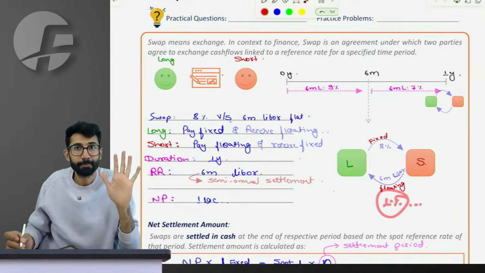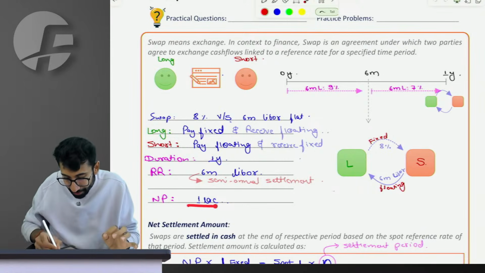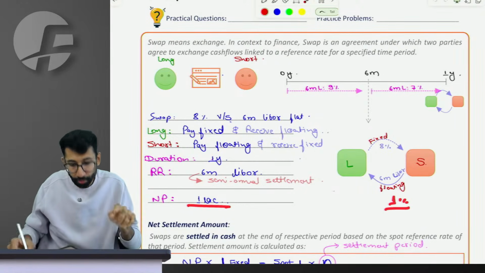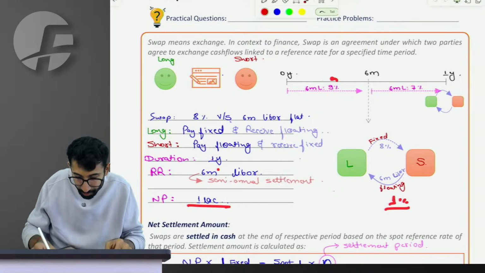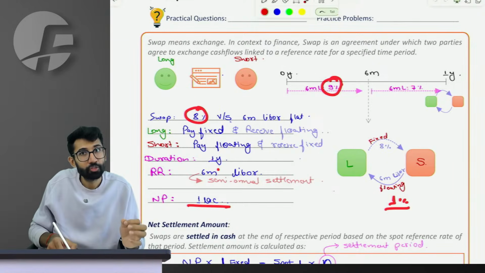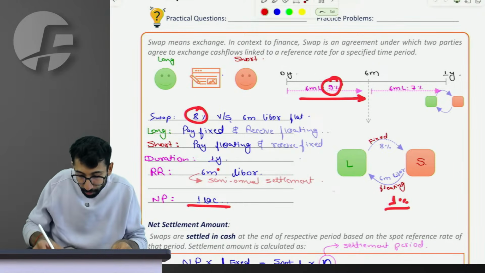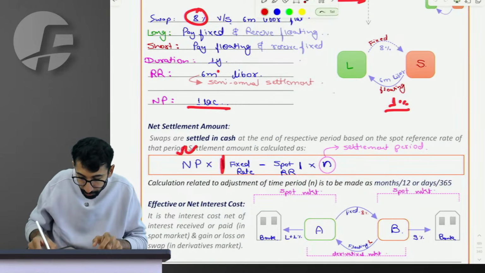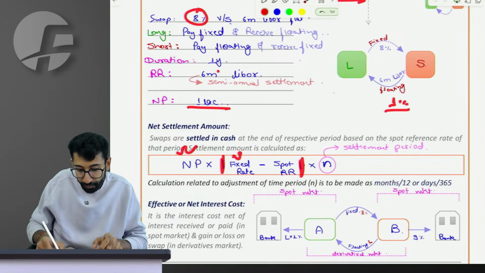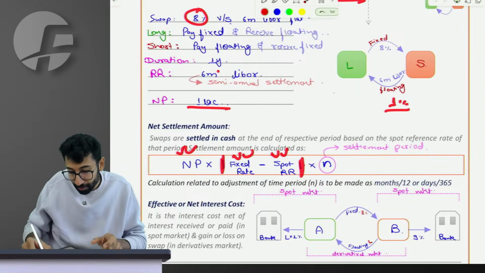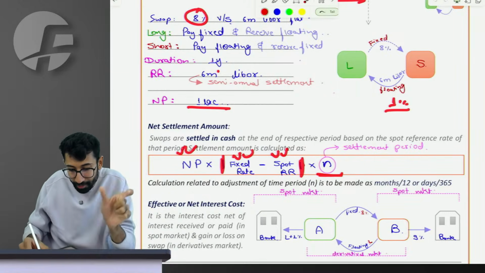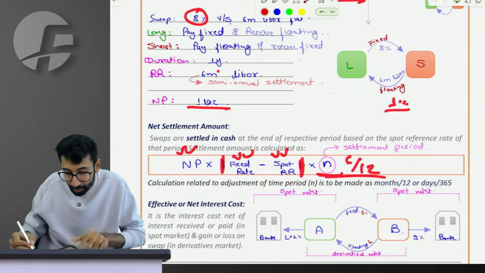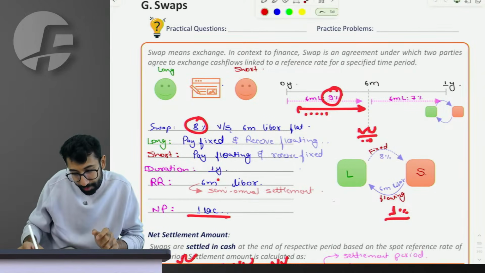Net, you will pay me 1%. But these rates of interest are per annum, and my period of borrowing is only 6 months. So on my notional principal, the difference rate, which is fixed minus floating, for a settlement period of 6 months, which is 6 by 12, will get settled at the end of 6 months.